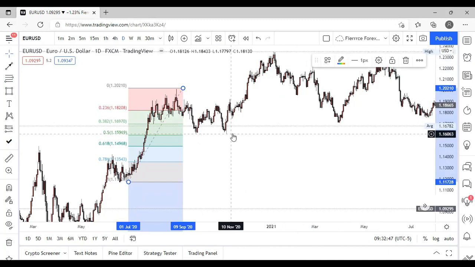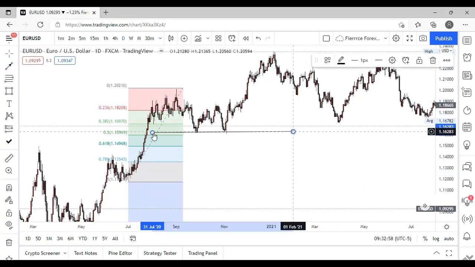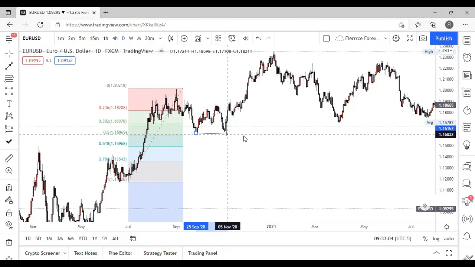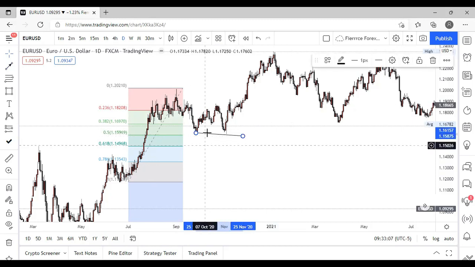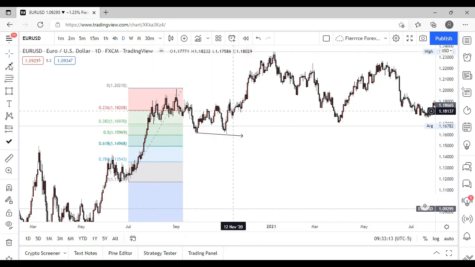We formed a double bottom. And if I was to draw a triangle pattern here, possibly I'd get one. No, this is probably a wedge pattern because it's diagonal.